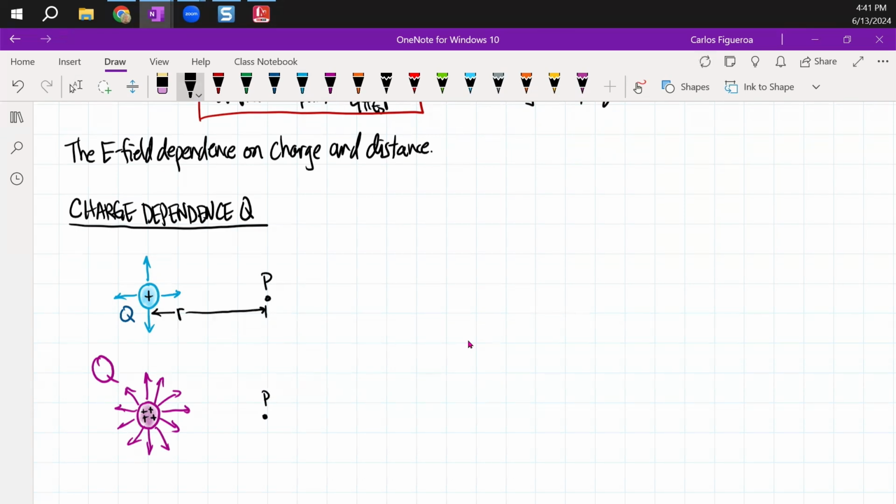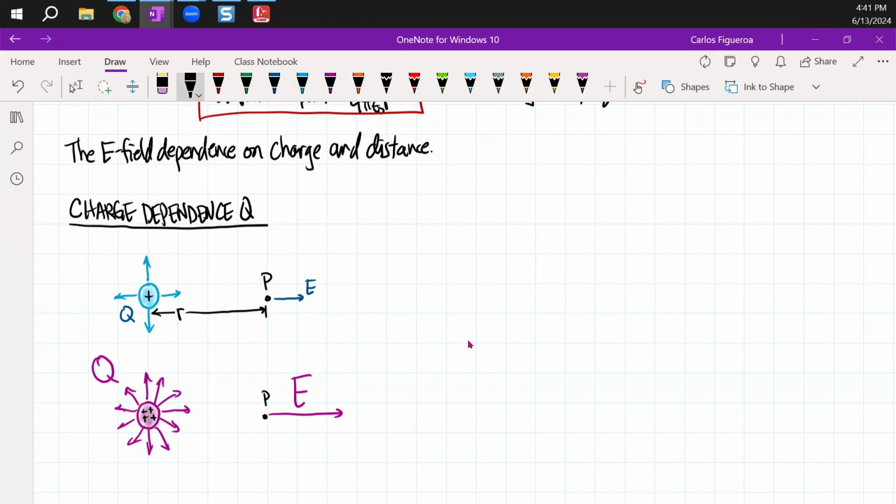So what do I see? Well, if I have less charge, I have a weaker field. So at point P, I'm going to have a field that's not as strong. Because I have a lot more charge, my electric field here is going to be a lot larger because it's directly proportional to it.